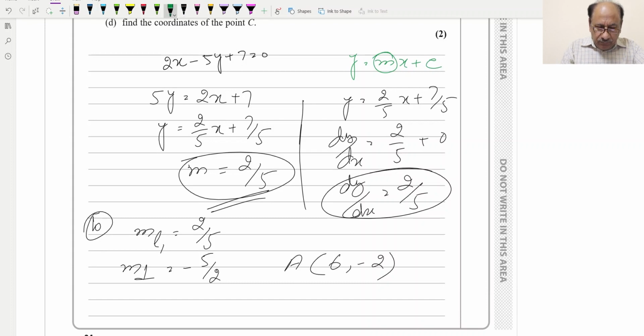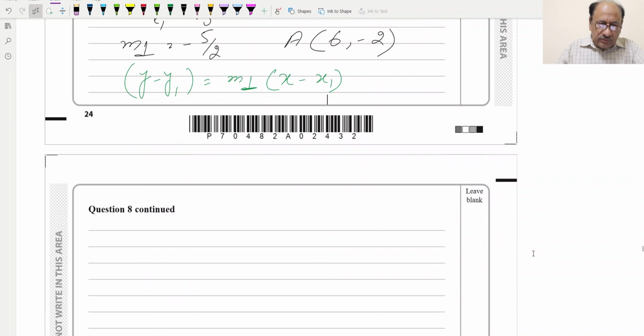Equation of line in point slope form, we can write y minus y1 is equal to m of the perpendicular into x minus x1. So we will be using these values in this equation, and y minus y1 we can take minus 2.